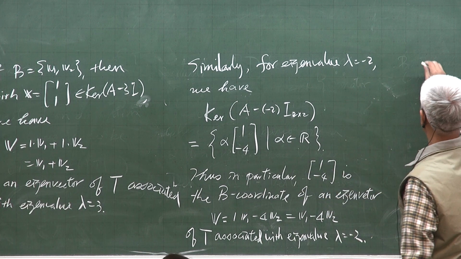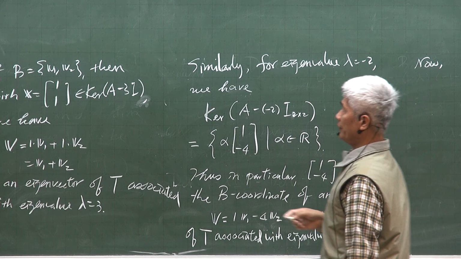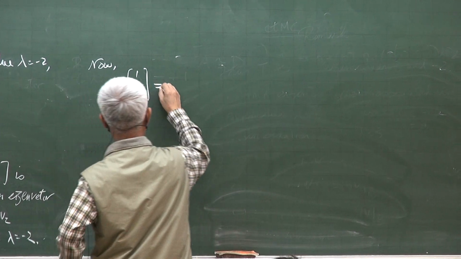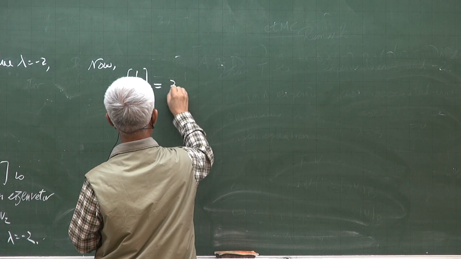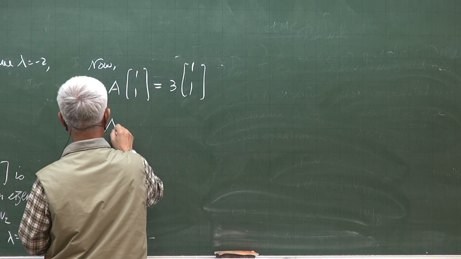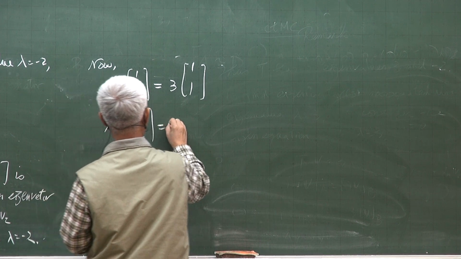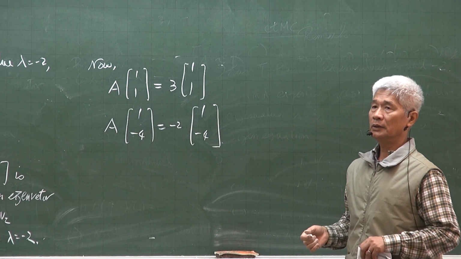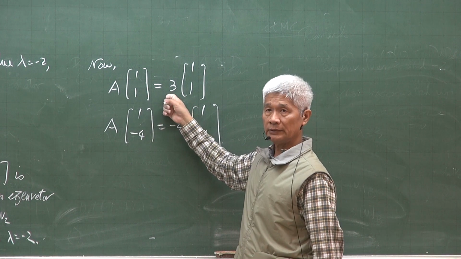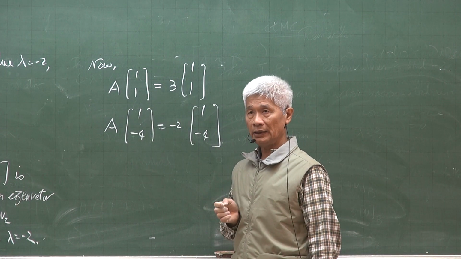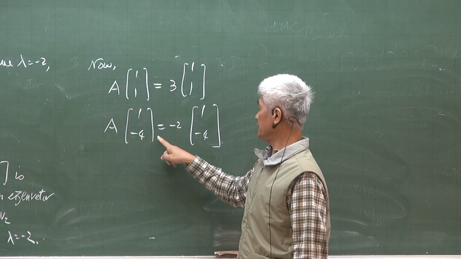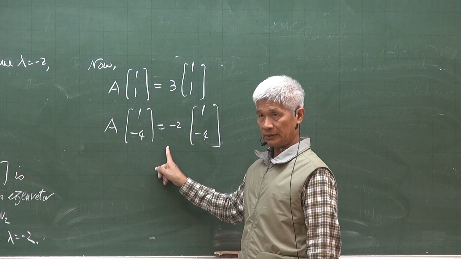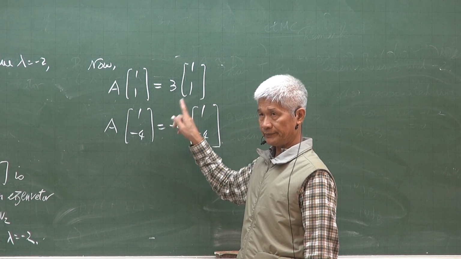So now we summarize. For the matrix representation A, you know that A times 1 1, we get 3 times 1 1. And A times 1 minus 4, we get -2 times 1 minus 4. So the vector and the scalar 3 satisfy this eigen equation for matrix A, and also the vector 1 minus 4 and scalar -2 satisfy the eigen equation.